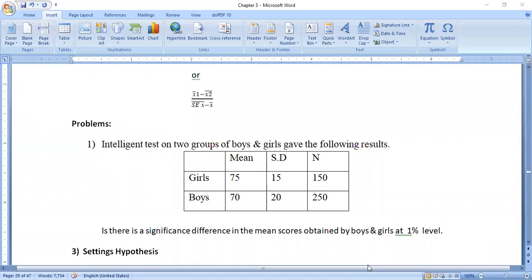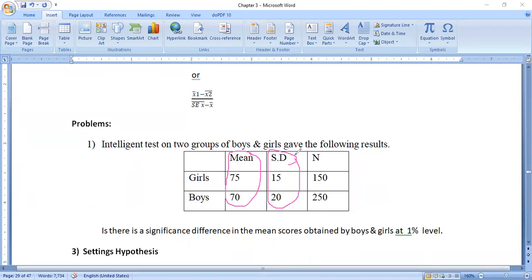Here we need to focus on only the mean, based on the formula. We are focusing on the mean, and the standard deviation values we take only to know the standard error of x bar 1 minus x bar 2.